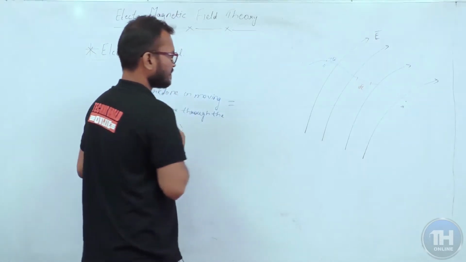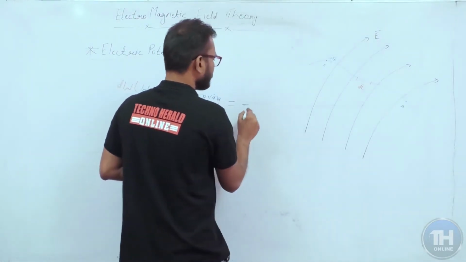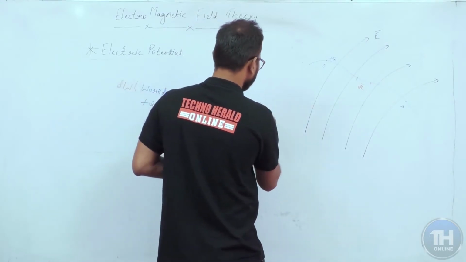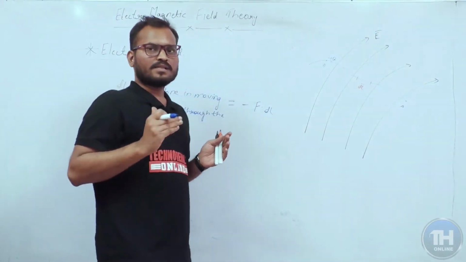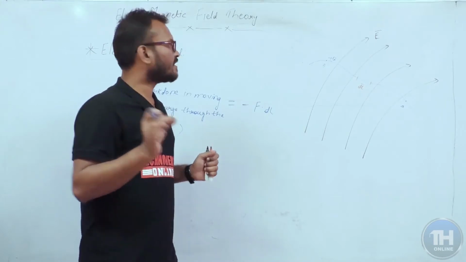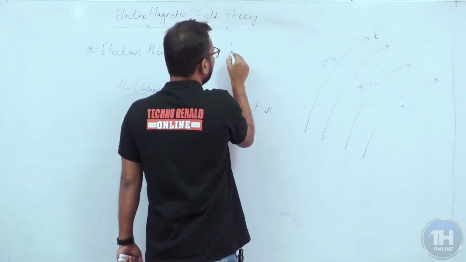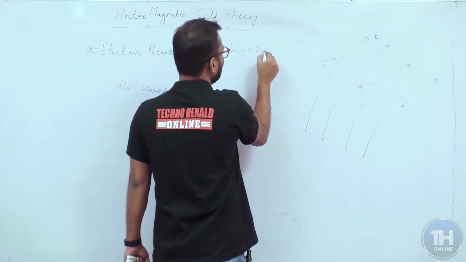This is given as minus F dot dl. We know from mechanics that work done W is given by minus F dot dl.